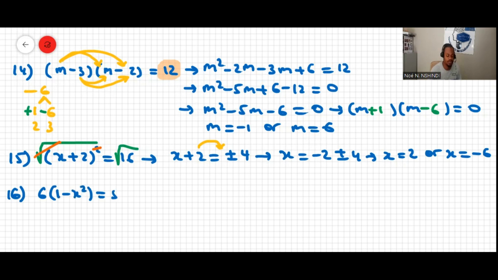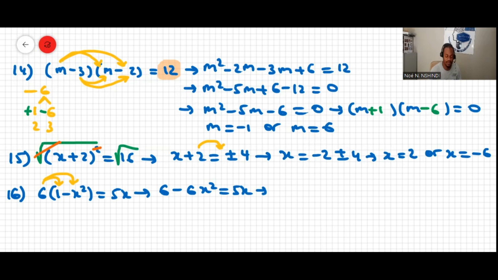equal to 5x. So in this case, we have to expand this, times that, times that. Which means 6 minus 6x squared equal to 5x. And then I move everything from the left hand side to the right hand side.